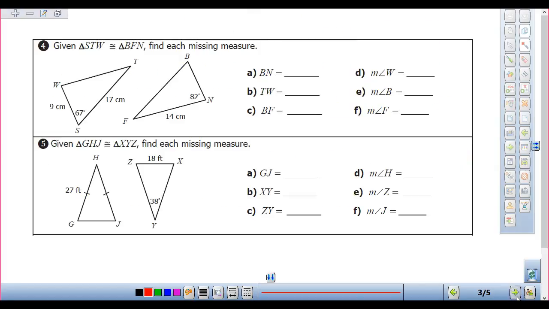No? Alright, now STW is congruent to BFN. They want to know what BN equals. BN is going to be the same as SW. What is SW? 9. So BN is 9 centimeters.